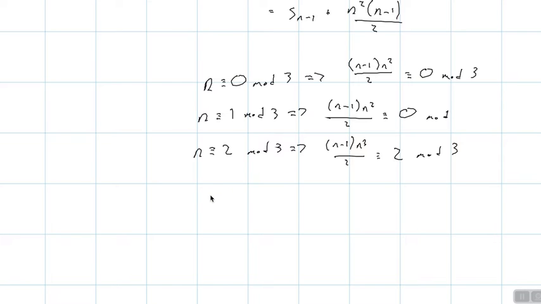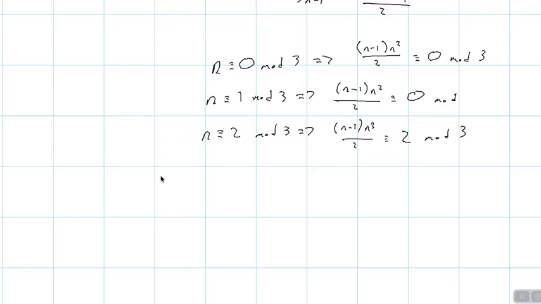And so in each of these cases, we're going to see what S sub 2, S sub 3, S sub 4 looks like and see if we can find a pattern. When n is equal to 2, we already found out that S sub 2 is going to be equal to 2 mod 3, so not divisible by 3. Look at n equal to 3.